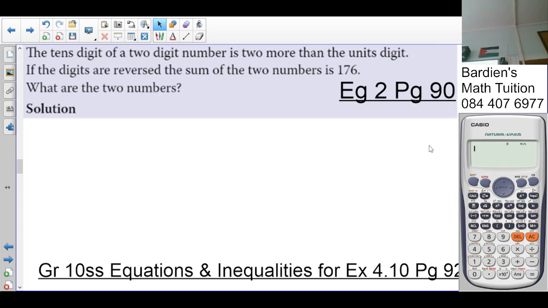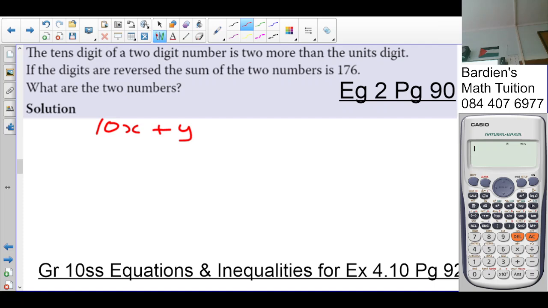We are told that the tens digit of a 2-digit number is 2 more than the units digit. Okay? Let's read it again, with understanding maybe this time. Right, so the tens digit. Remember that when we looked at the example, we looked at 10x and y, not so?